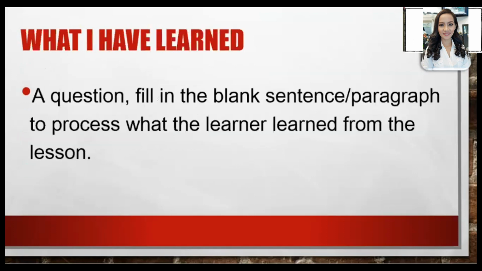And then what's next is the what I have learned part. Okay? The what I have learned part is the reflection part. Yun po yung tiniscuss ko last time sa PUP-CHK webinar series na katulad po nito.